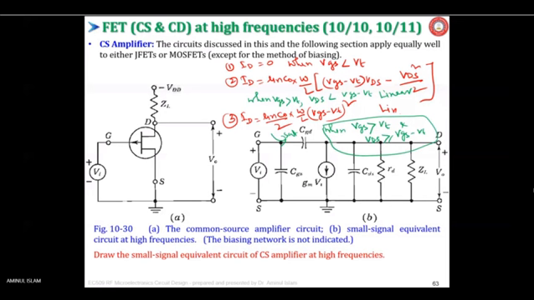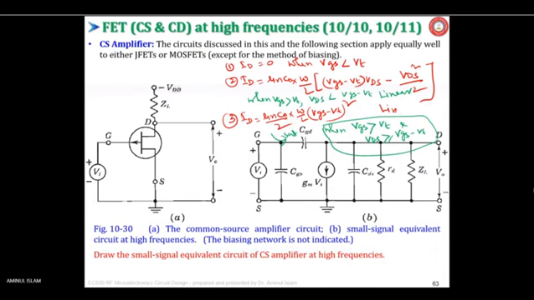And for saturation region, the condition is when VGS is greater than VT and VDS is greater than or equal to VGS minus VT, and the equation is ID equals mu Cox W by L into VGS minus VT whole square by 2. These equations will be required in future. They are not discussed in your book, and we'll be discussing them sometime later.